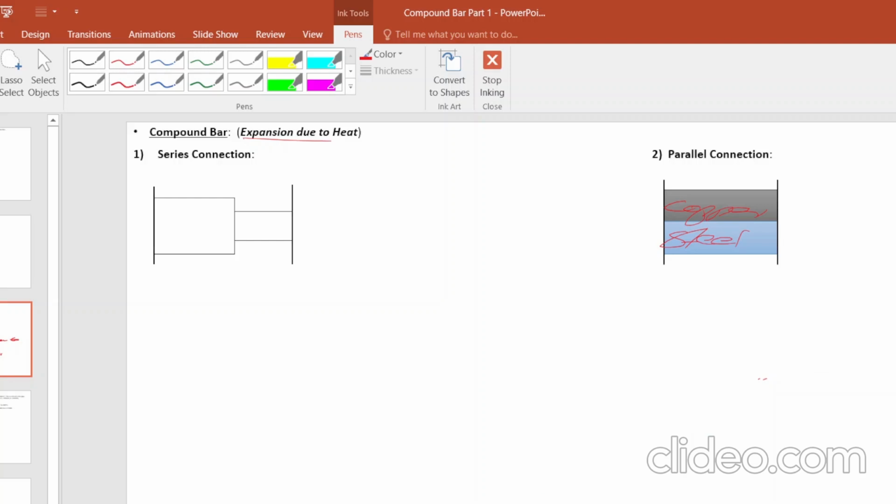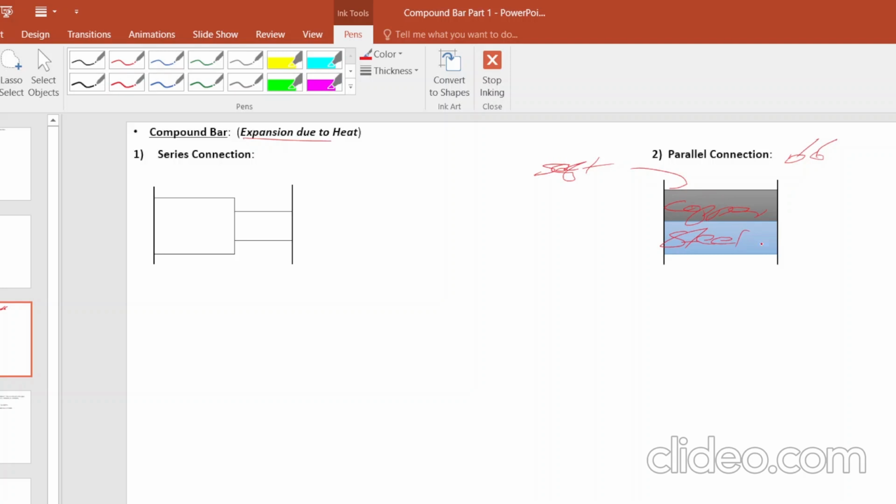We are given those two materials and the heat is being unleashed on this combination here. Now, copper, what is it that we know about copper? Copper is a soft material.